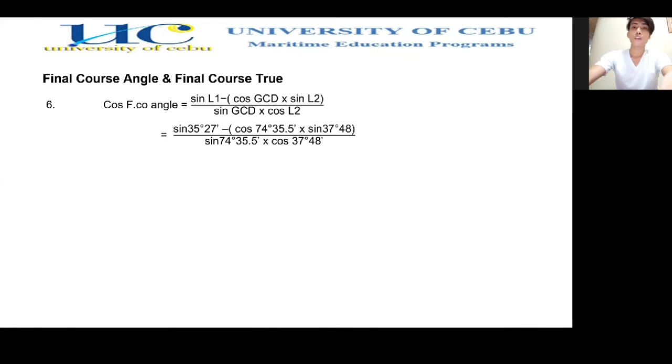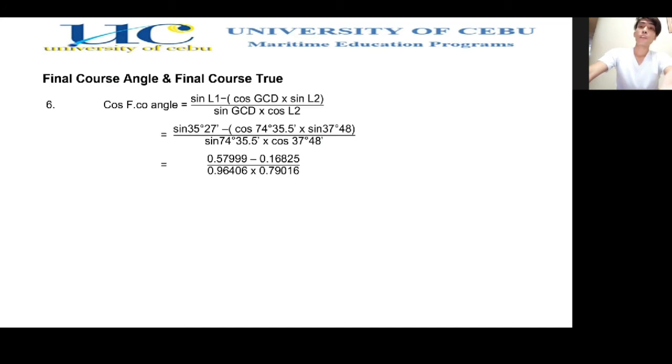Sine latitude 1 or 35 degrees 27 minutes minus open parenthesis cos GCD or 74 degrees 35.5 minutes times sine latitude 2, which is 37 degrees and 48 minutes, close parenthesis, divided by sine GCD or great circle distance, which is 74 degrees and 35.5 minutes, times cos latitude 2, which is 37 degrees and 48 minutes.